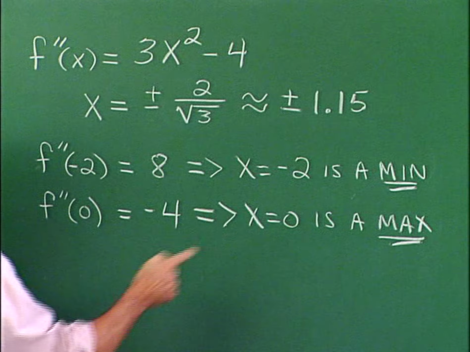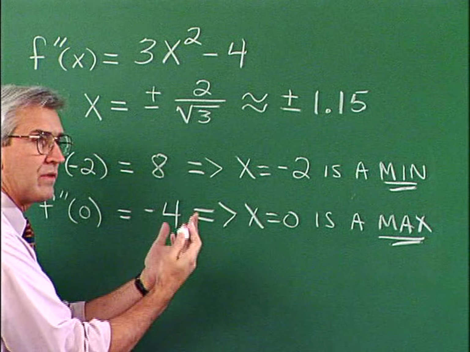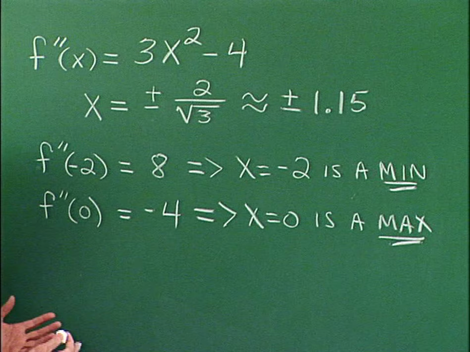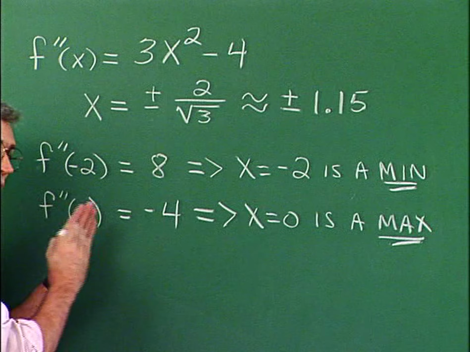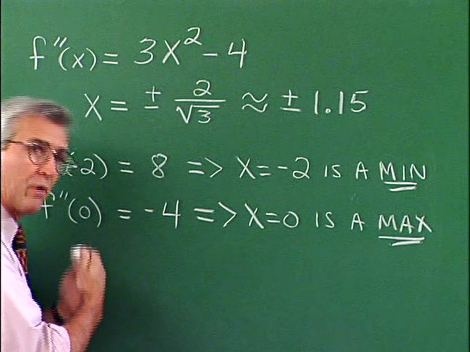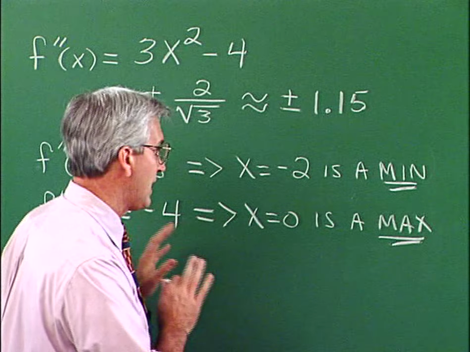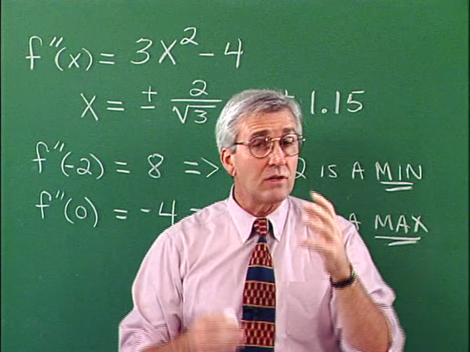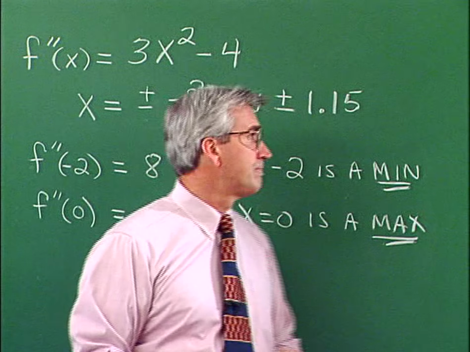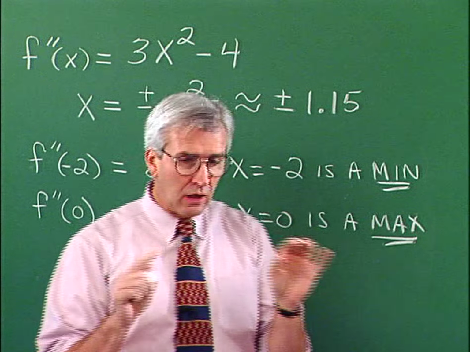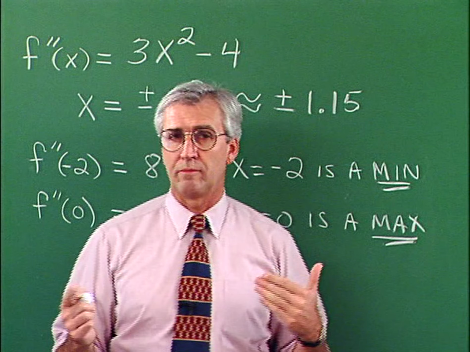So that's the idea. We don't have to go through the interval examination. If we don't want to, we can simply find f double prime at the zeros of f prime to make this determination of minimum and maximum. And the zeros of f double prime are the inflection points. Well, a look at the graph would show this to be the case.